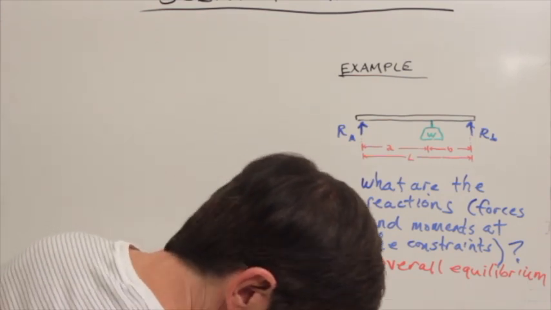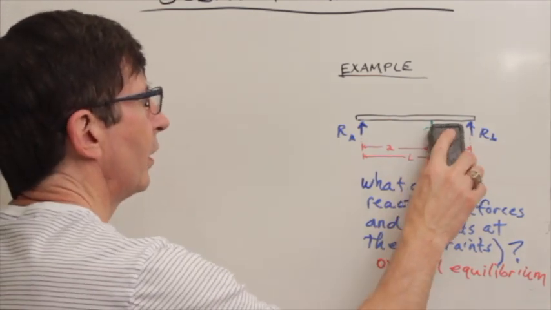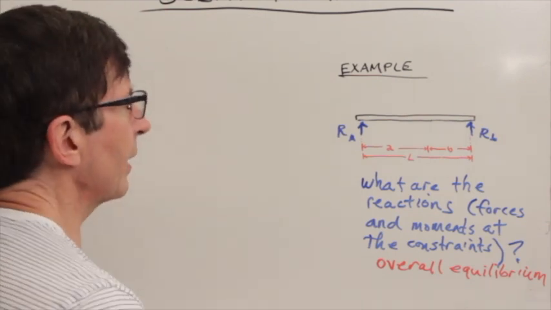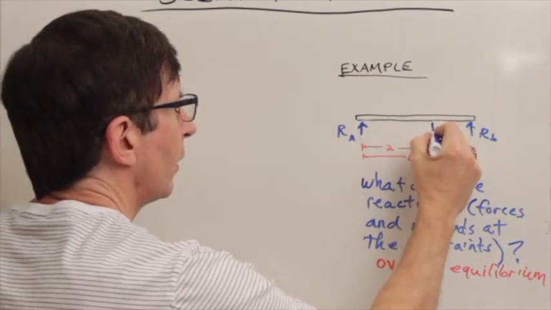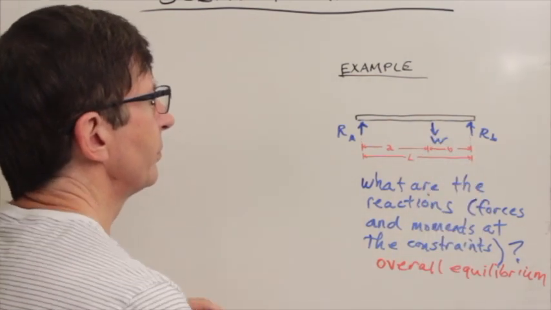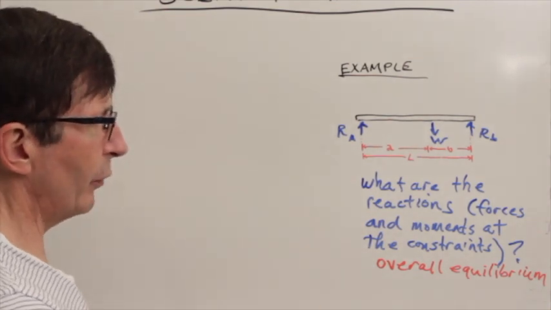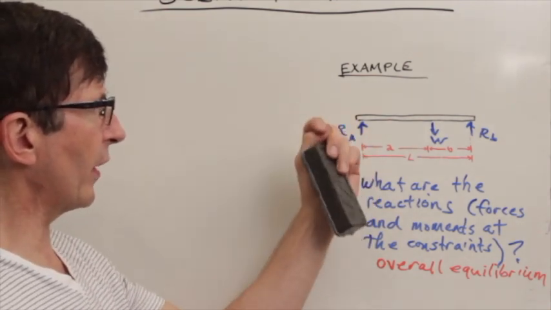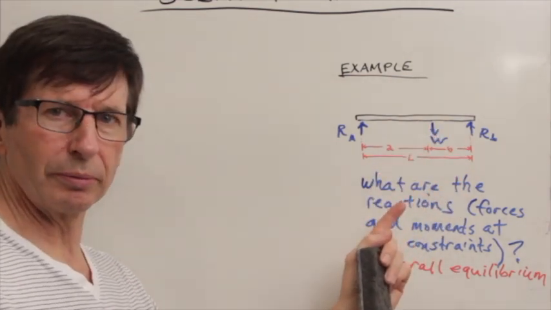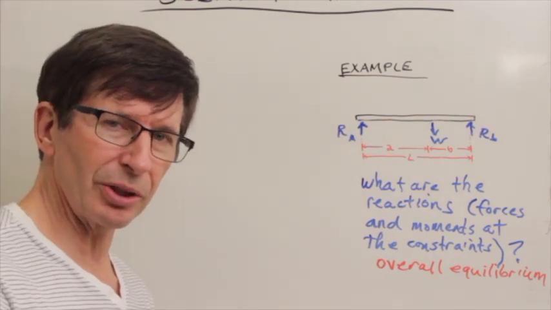And then, although it is somewhat trivial, we're going to put at this point a point load W. So we're going to balance all of these out, and right off we can see RA plus RB is going to equal W, because the sum of the forces in the y direction has to be 0.